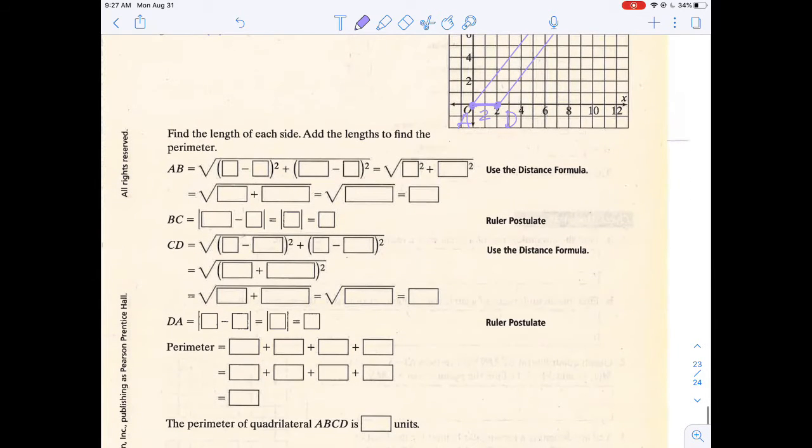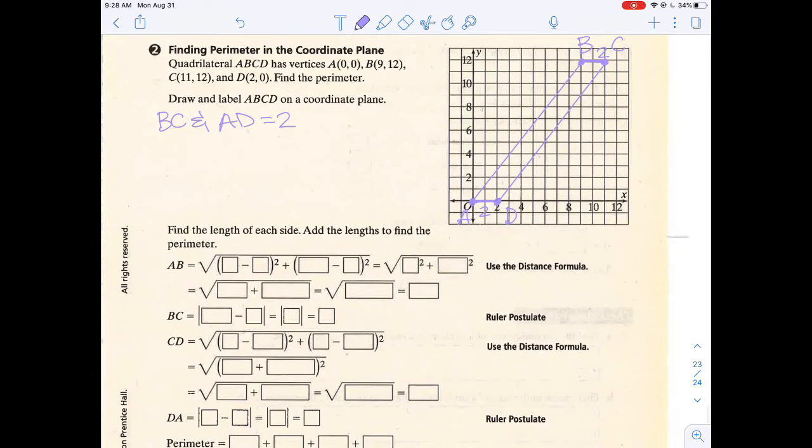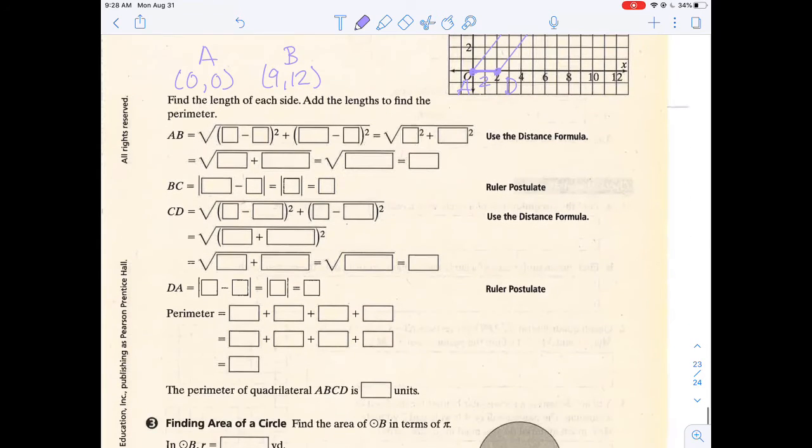So, AB, we've got the points 0, 0, and 9, 12. I'm going to write this a little closer. I'm going to use A as the first point.